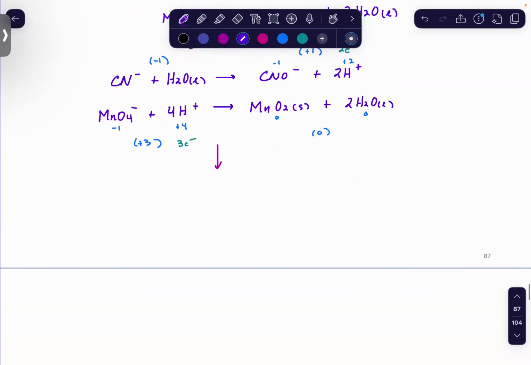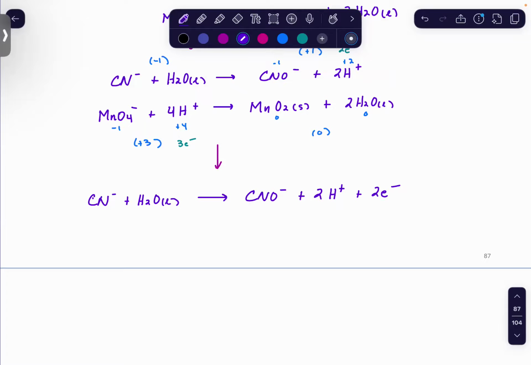Okay, so we're going to get cyanide plus water. That's going to yield CNO plus two protons plus two electrons. Now the charges are balanced.